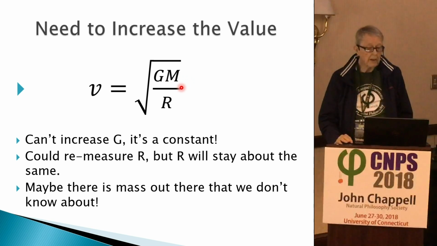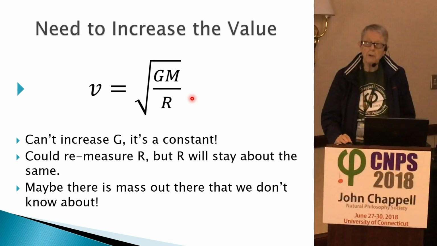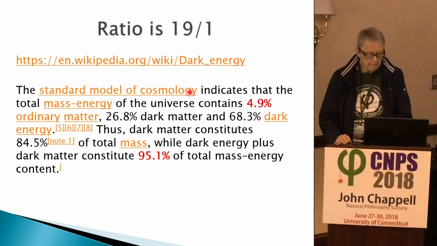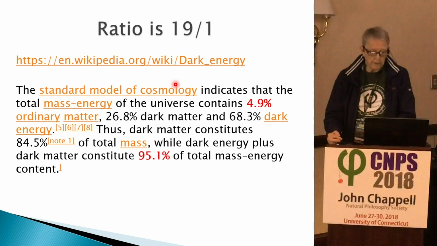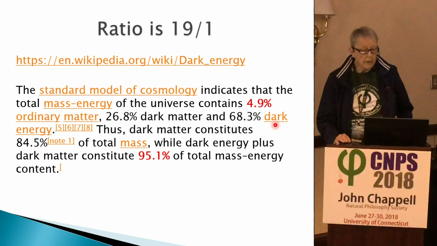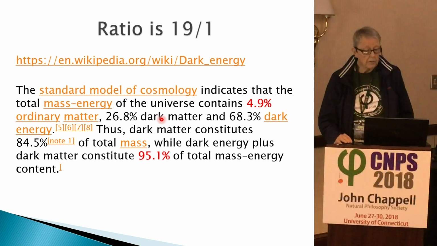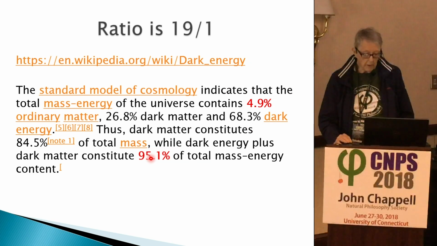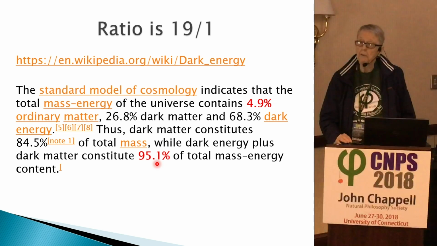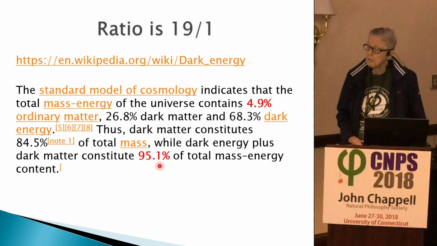So there's only one thing left. There's M. What if? You can see them thinking, what if there's more matter out there that we don't know about? In the end, I looked this up in Wikipedia: the standard model of cosmology indicates that the mass energy of the ordinary matter is about 4.9%, and the dark matter and dark energy constitute 95%.